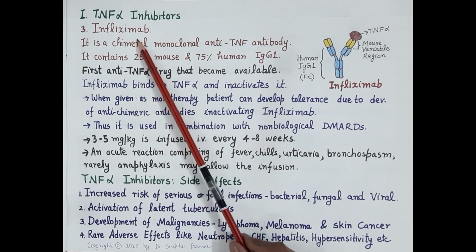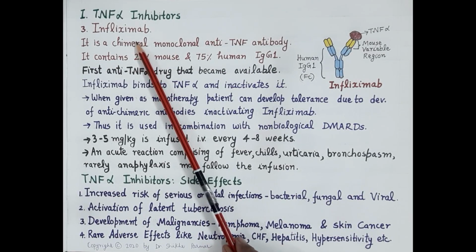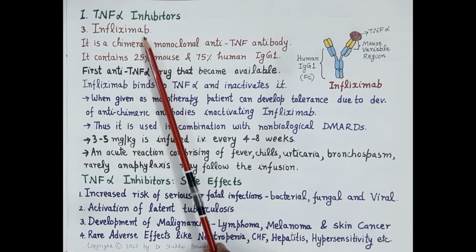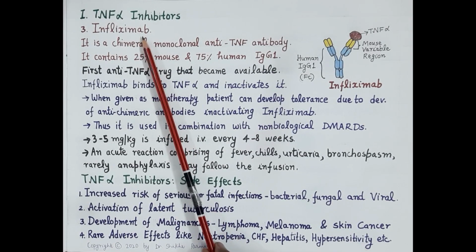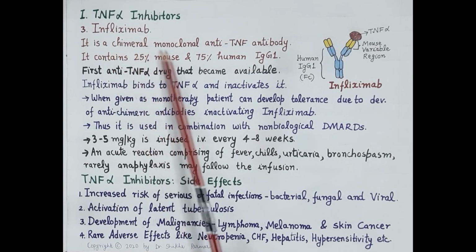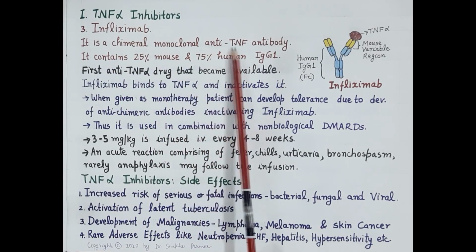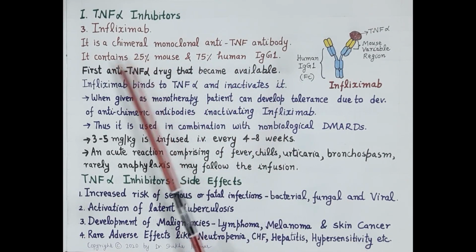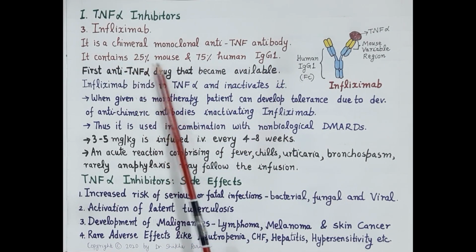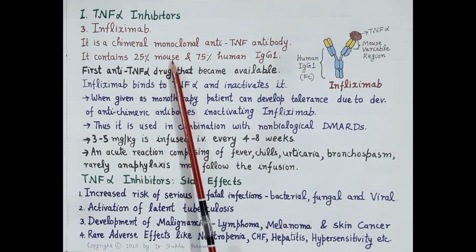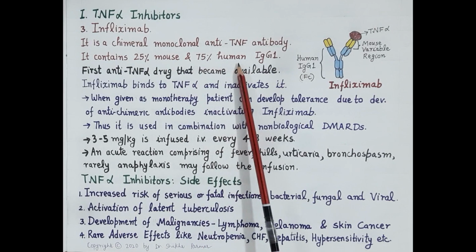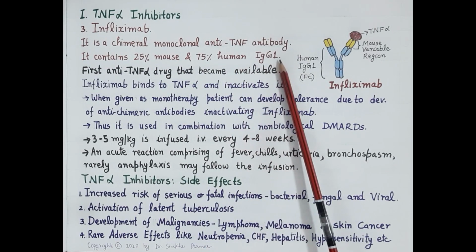Now the next drug is infliximab. Infliximab is also a monoclonal antibody, but it is a chimeric monoclonal anti-tumor necrotic factor antibody. It is termed chimeric because it contains 25% mouse part. So it consists of 25% mouse and 75% human IgG.